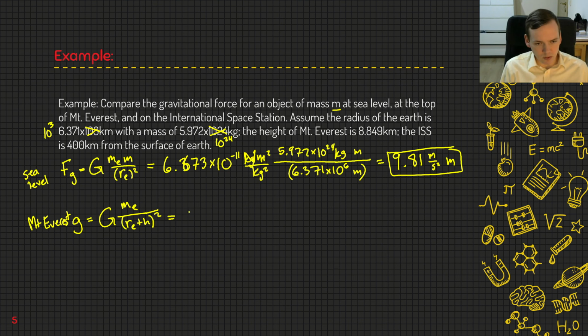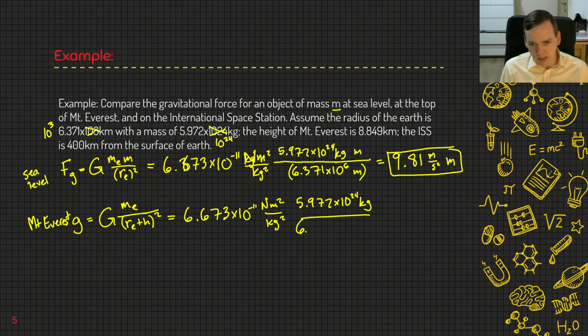So this will equal 6.673 times 10 to the negative 11th newton meters squared per kilogram squared, times 5.972 times 10 to the 24th kilograms, divided by 6.371 times 10 to the 6th plus 8.849 times 10 to the 3rd, because again we have to work in meters.